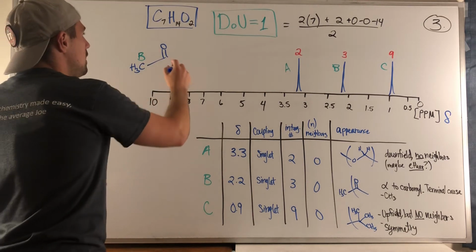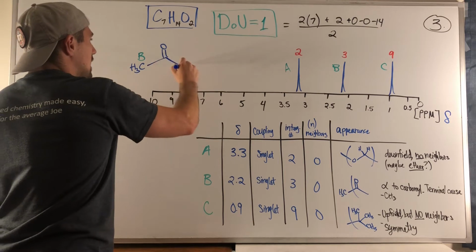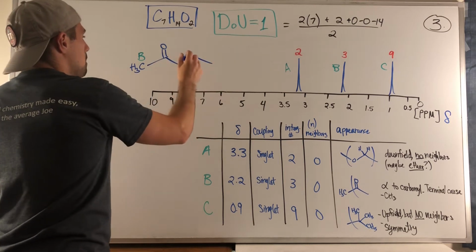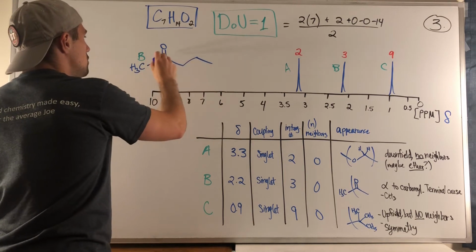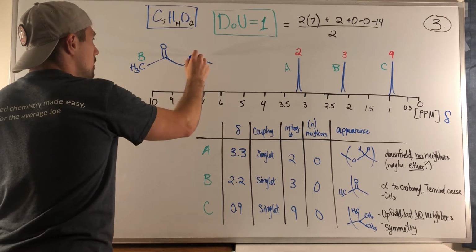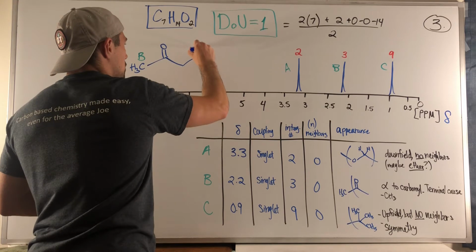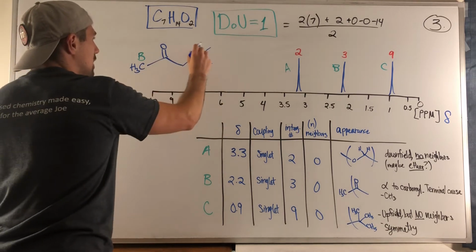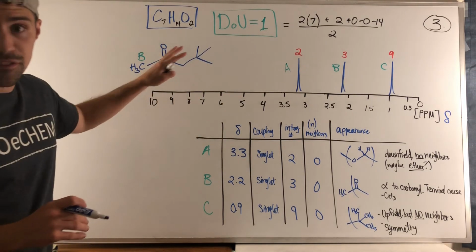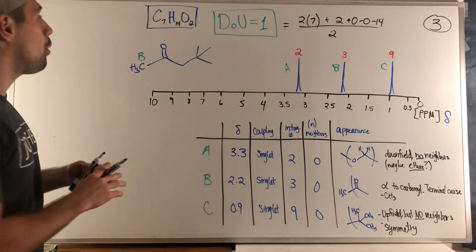Now, what I'm gonna do is connect the chains like this. 1, 2, 3, 4, 5, hold on, I'm not doing math well. Let me make sure, okay. 1, 2, 3, 4, 5, 6, 7. Okay, I'm not saying this fits our formula, but I just want to illustrate a point.